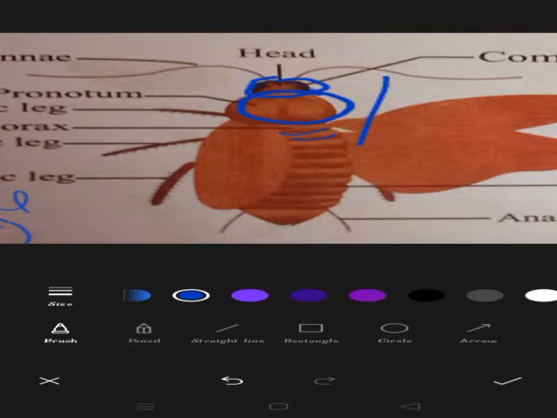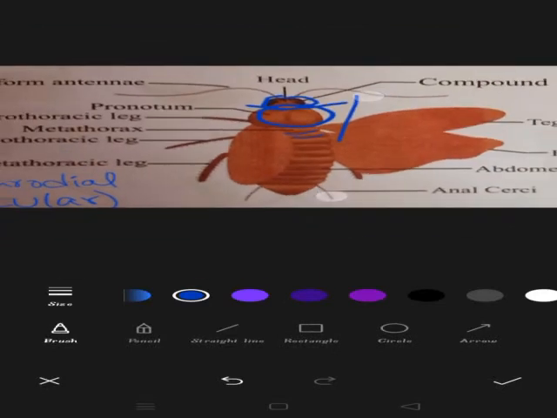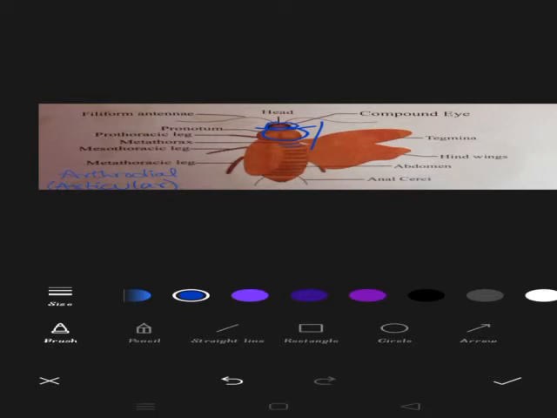The neck is very narrow, and it is supported by plates. The plates we already discussed in the exoskeleton, the sclerites. In adults, the sclerites of the head fuse to form a head capsule.